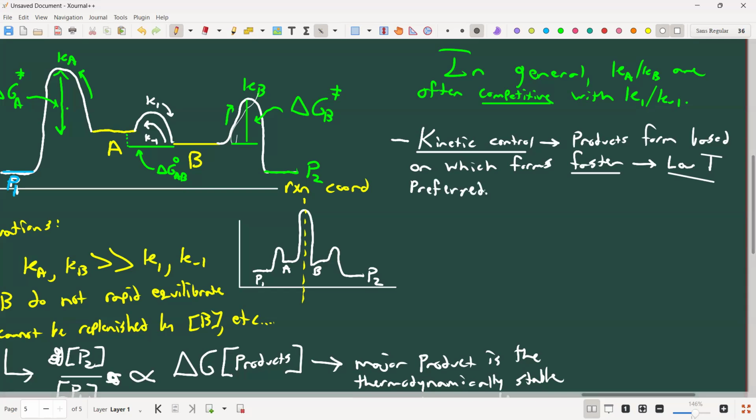In general, if you have a system that's in competition like this, where you have these things constantly competing with each other, typically when you bring the temperature of your reaction mixture down, the kinetic control, which is that the product that forms the fastest, tends to dominate. So low temperature.